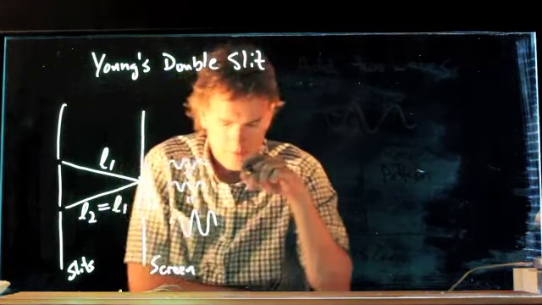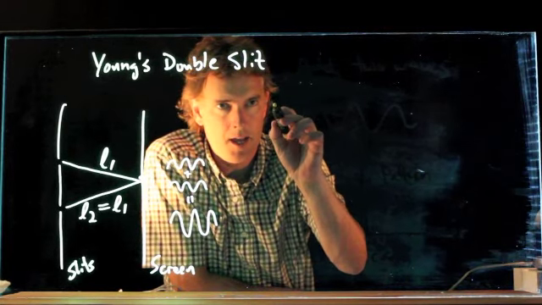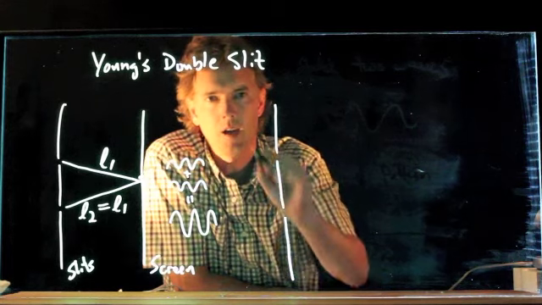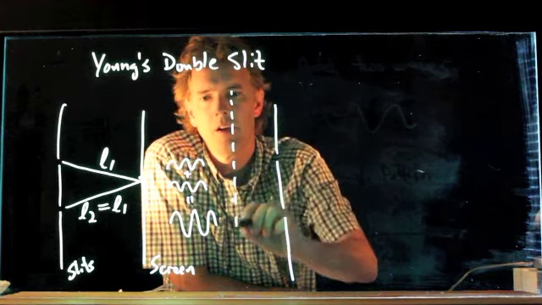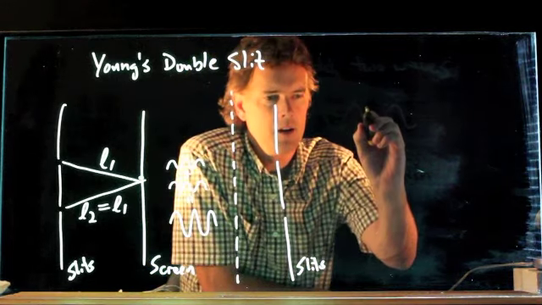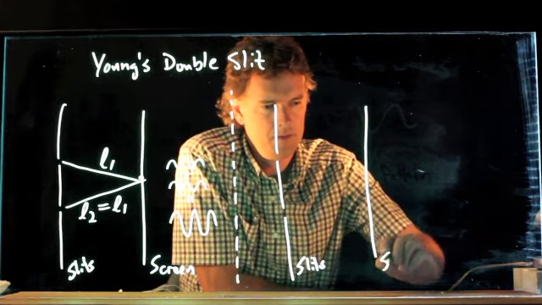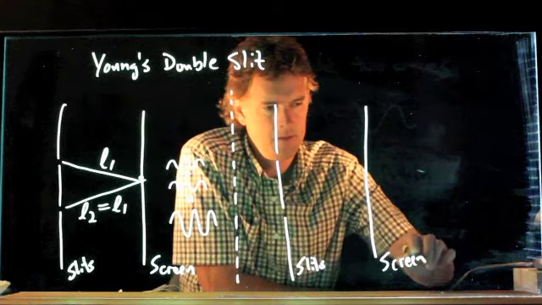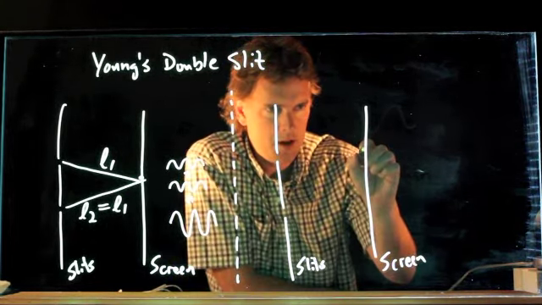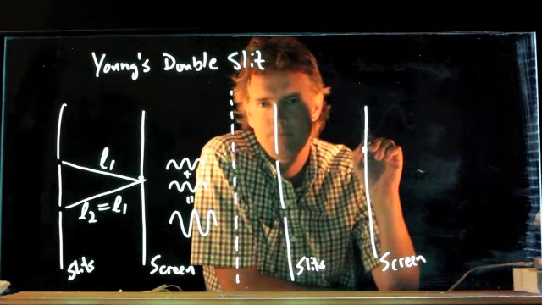But now let's do the experiment again, and let's look at a different point on the screen. Okay, so here are our slits again. Here is our screen. And let's look at a point that is maybe up here a little bit higher.